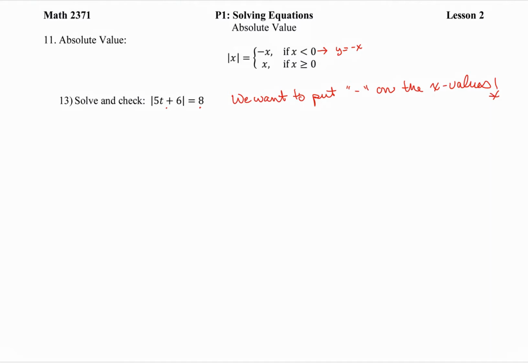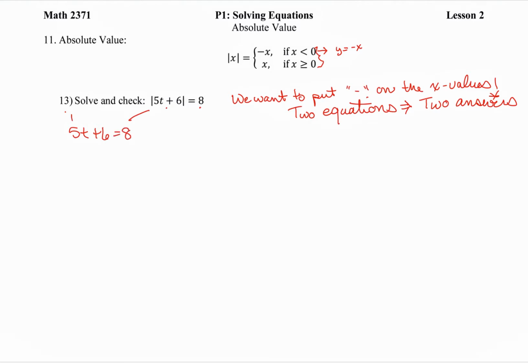So when you solve these, first off, this right here tells us we're going to have two equations. Two equations, then two answers. So your first equation is going to be the positive: 5t plus 6 equals 8.